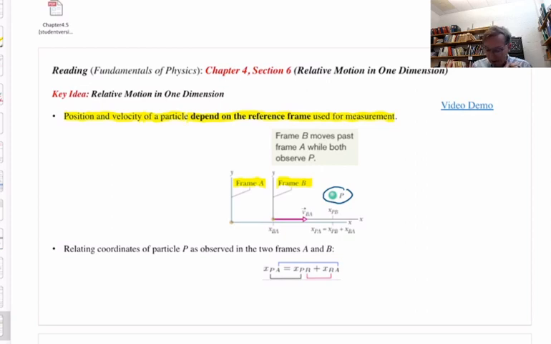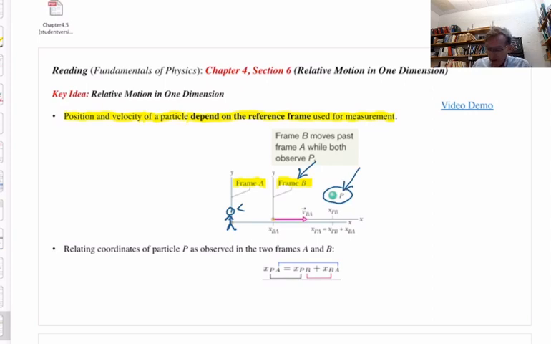The picture is assuming that we, the observer, are at rest in frame A. Maybe here we are standing at the origin in frame A, and we're watching what's going on from the origin of frame A. And we see two things. We see the particle P, and we see frame B, both of which can be moving relative to us in frame A.